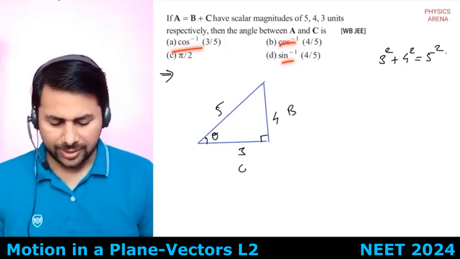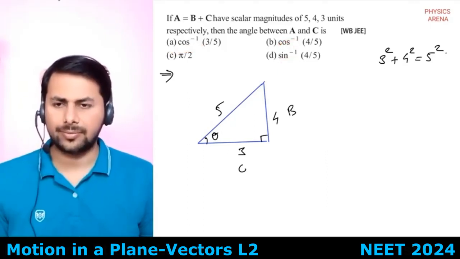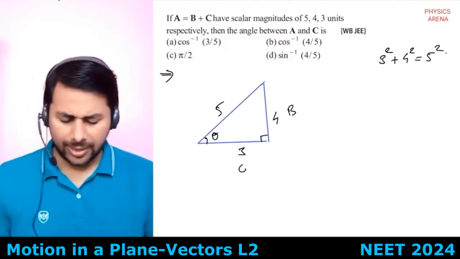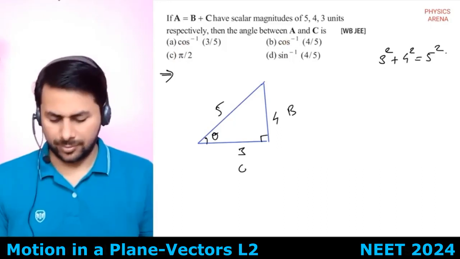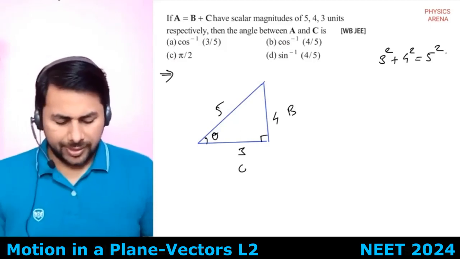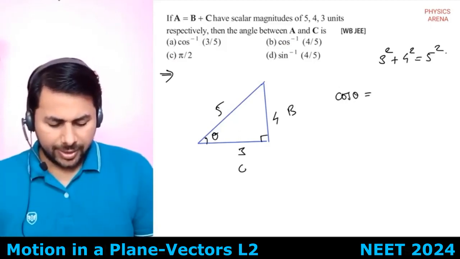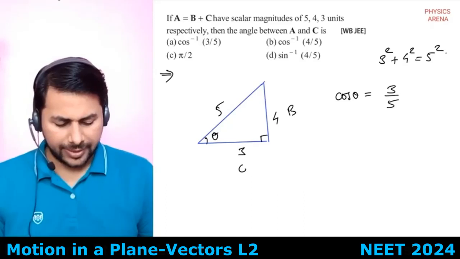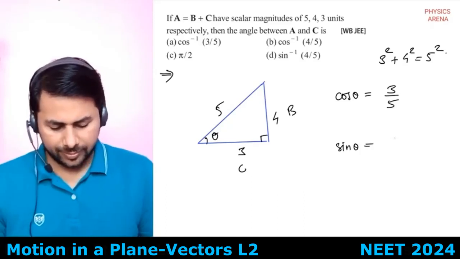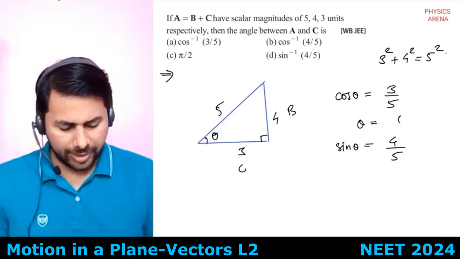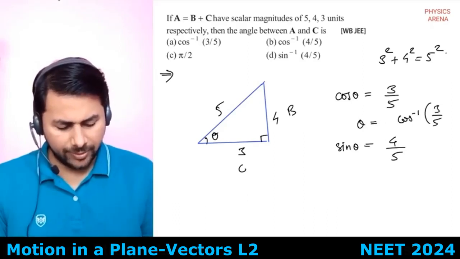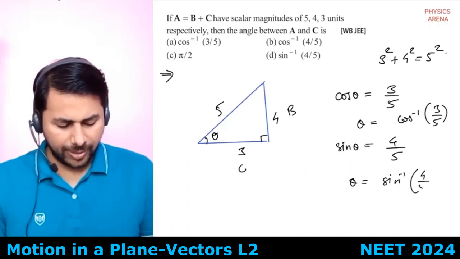You are given answers in cos inverse, sine inverse, and one answer is pi by 2. So it is simple. You find cos theta, it will be 3 by 5, right? Sine theta will be 4 by 5. So if you want theta, either it will be equal to cos inverse of 3 by 5, or it will be equal to sine inverse of 4 by 5.